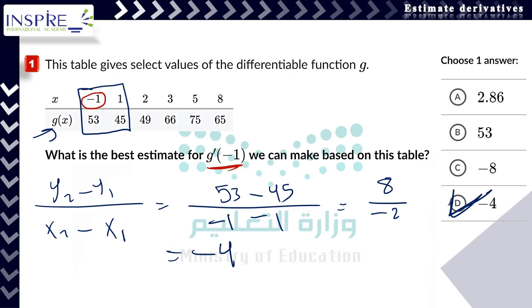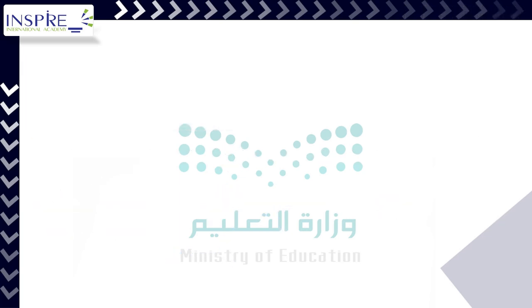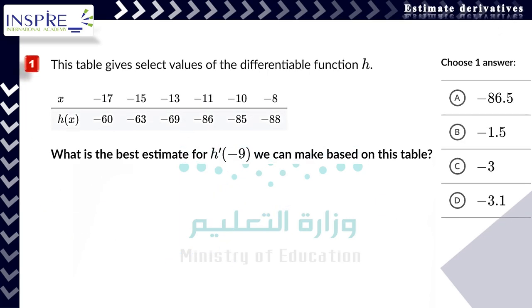Next one. We need the derivative of the function at x is equal to -9, but we have a problem here. We don't have x is equal to -9. So, but we have him here, we have -9 here. So we'll take the closest 2 points to x is equal to -9, which are these ones. We will use them with the slope formula, y2 minus y1 over x2 minus x1.